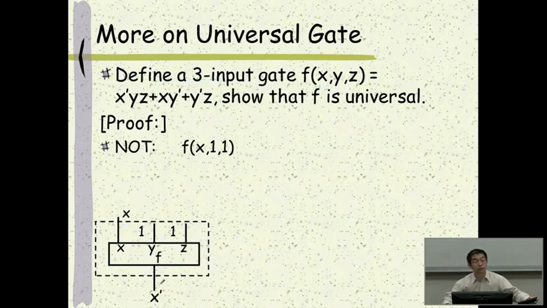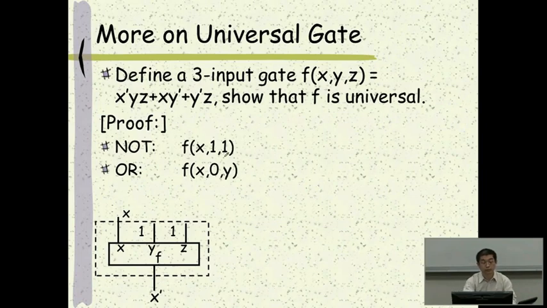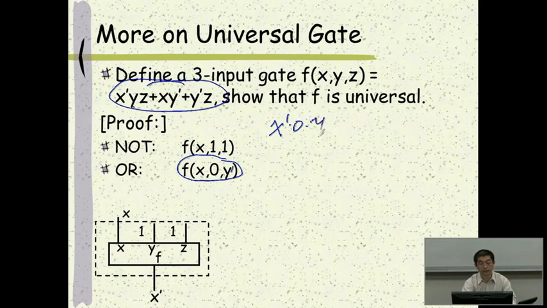So next, we show how to implement the OR gate. Similarly, we set the middle parameter to 0, and then plug into the definition of f. So what we get is x prime and y 0, so this becomes 0 times z, and z is the new y here.